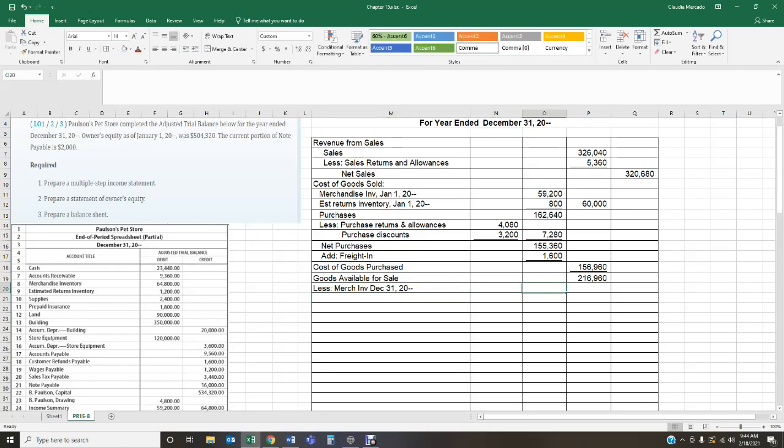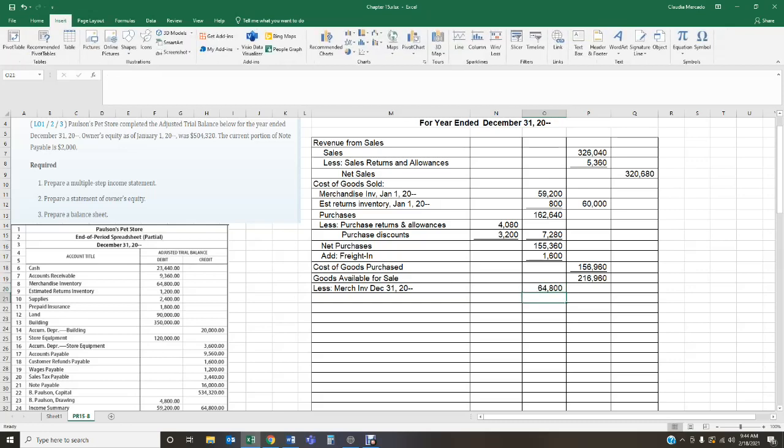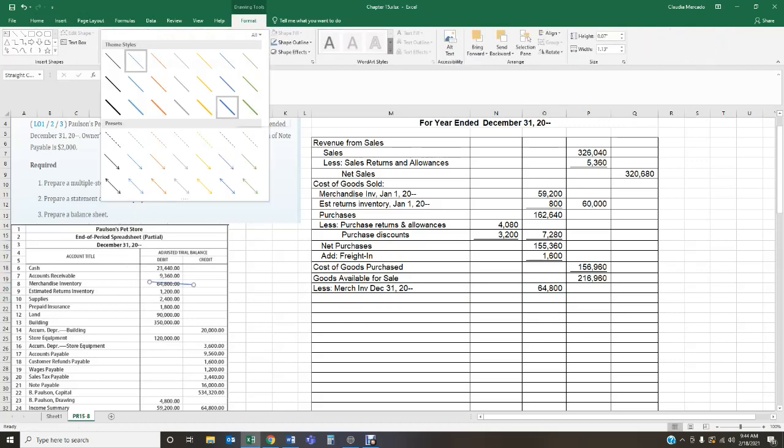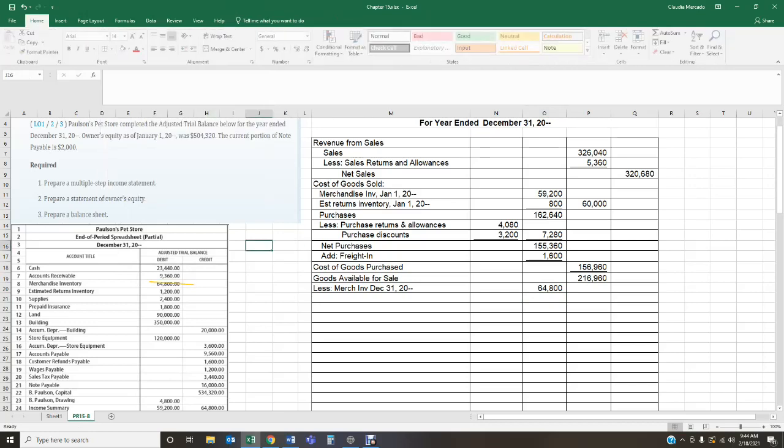And the merchandise inventory that we had as of December the 31st was 64,800. Okay, 64,800. Now we also had estimated returns of $1,200.